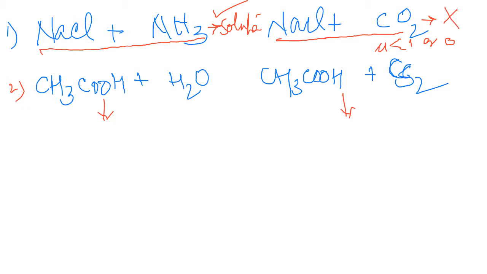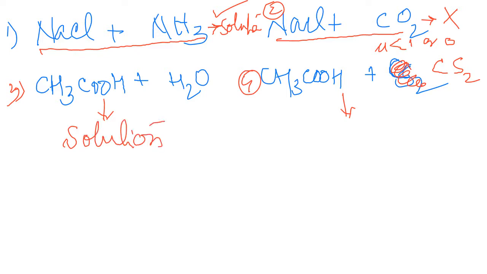Acetic acid is, the third one will make a solution. Okay, this is the third one, yeah, you are right. This is second, third, this is fourth. The third one makes a solution, why? Because both have dipole moment more than one. Both are polar. Simple way, both are polar.